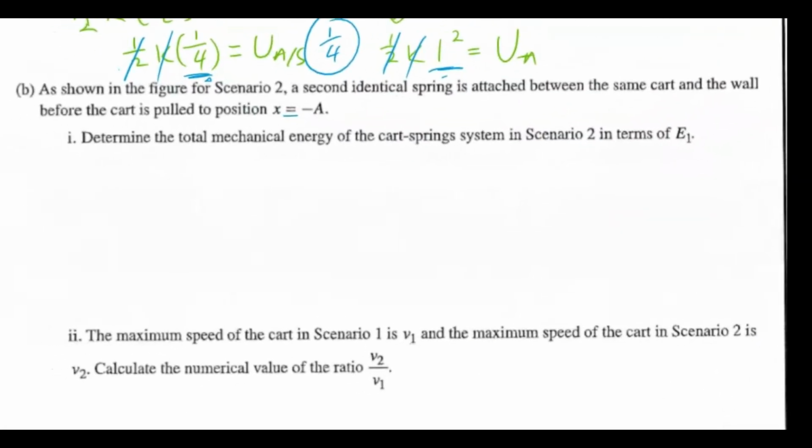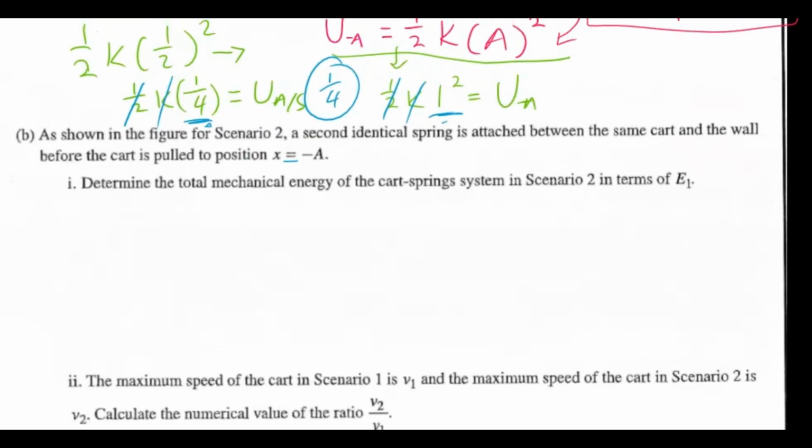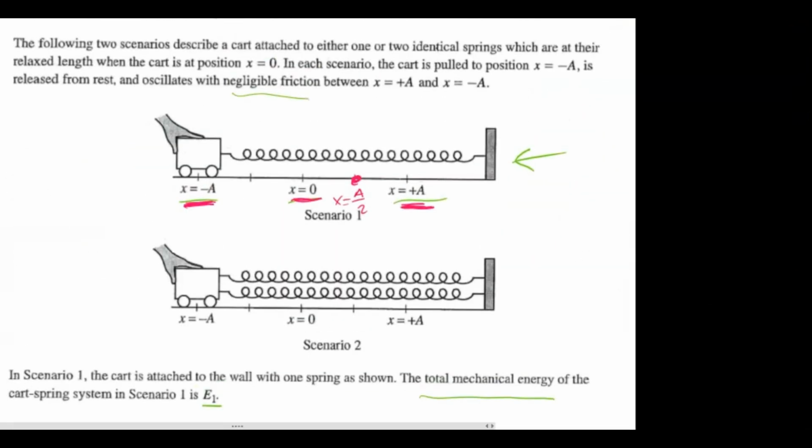Let's move on. As shown in the figure for scenario 2, there's a second identical spring attached, and it wants us to determine the total mechanical energy of the cart-spring system in scenario 2 in terms of the total mechanical energy of scenario 1. If we look back at this situation, it's the exact same thing except now we have 2 springs.